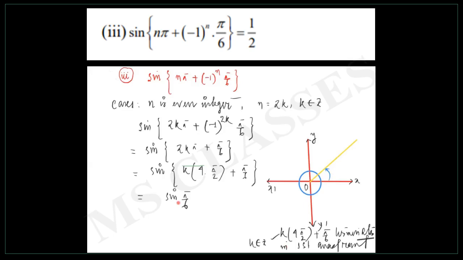So the answer is plus sine pi by 6, that is equal to half.